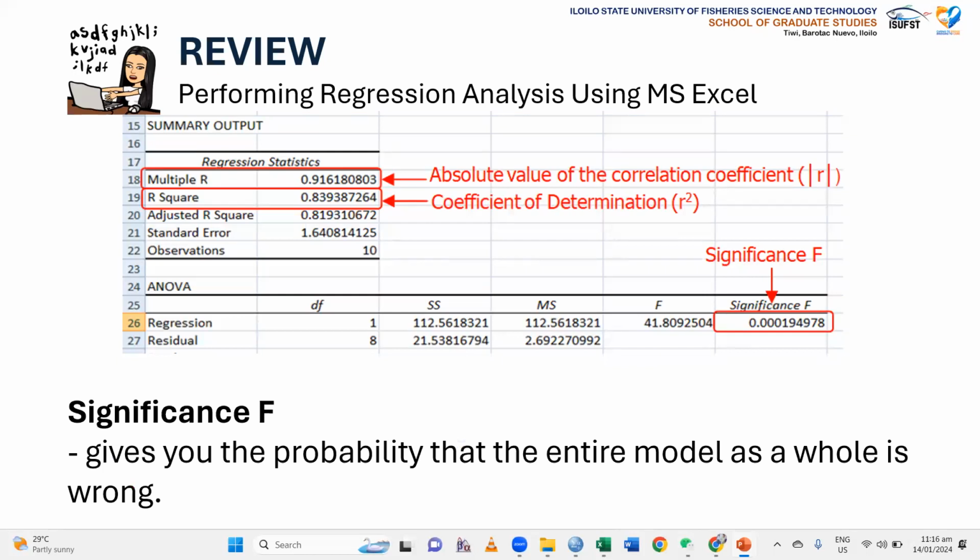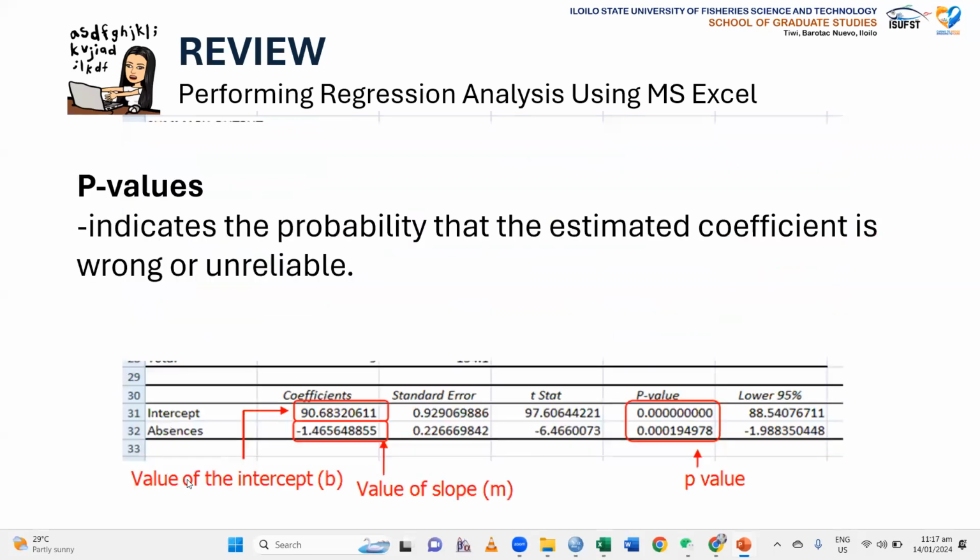If we talk about the significance F, it gives you the probability that the entire model as a whole is wrong. The p-values here in the bottom part indicate the probability that the estimated coefficients are wrong or unreliable.